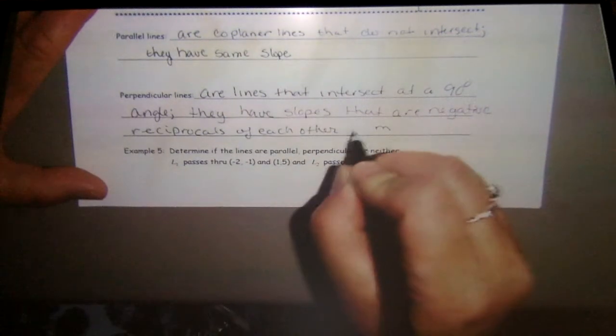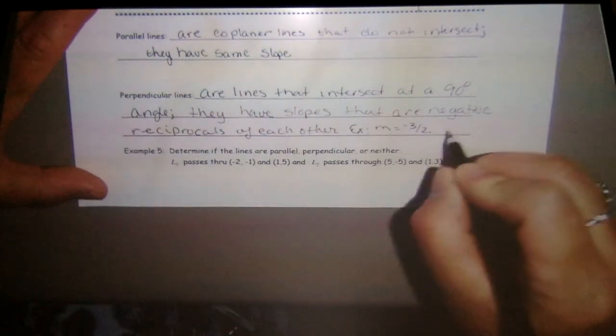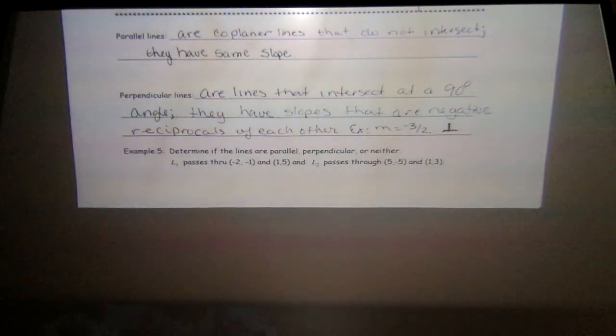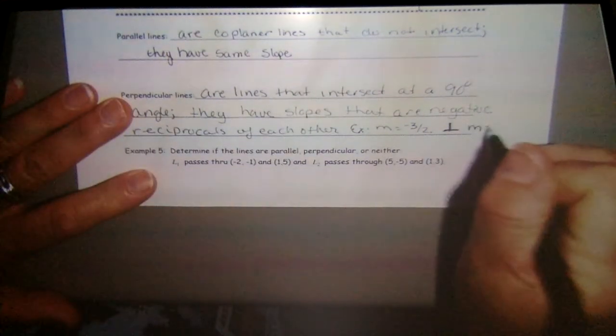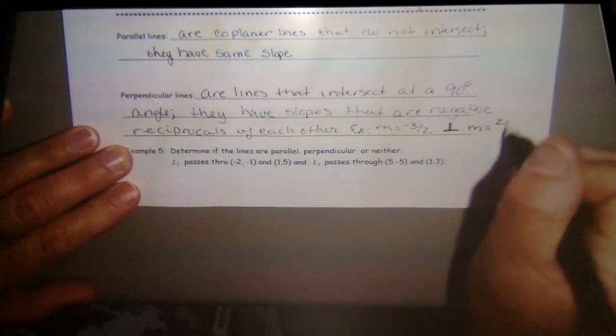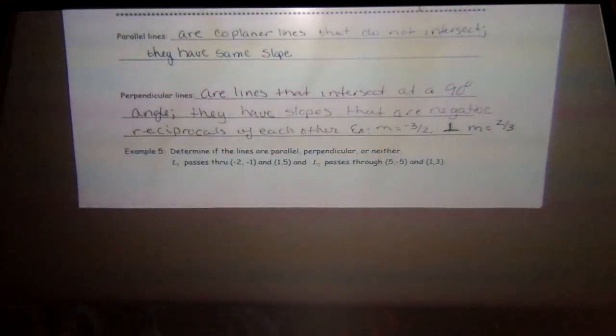For example, if I take the negative 3/2 slope from up there, the upside down T is the symbol for perpendicular. A line perpendicular to it has a slope that's what? This one's negative, this one's positive, and then you flip it. Questions there?